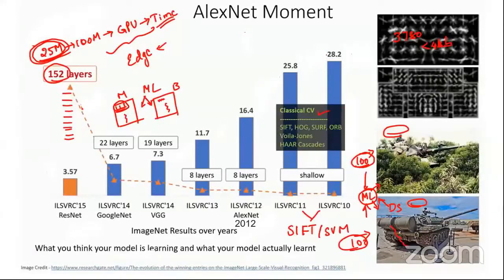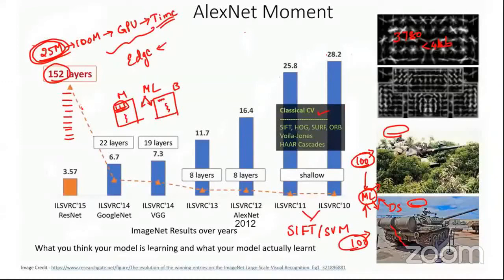Now the problem is, what should you go for? Should you go for a classical CV approach, which is your SIFT and HOG, which extracts the corners and helps you with classification, or should you go for these deep networks? They give you pretty good accuracy, but what might be the disadvantage? The first thing that comes into the picture is size.